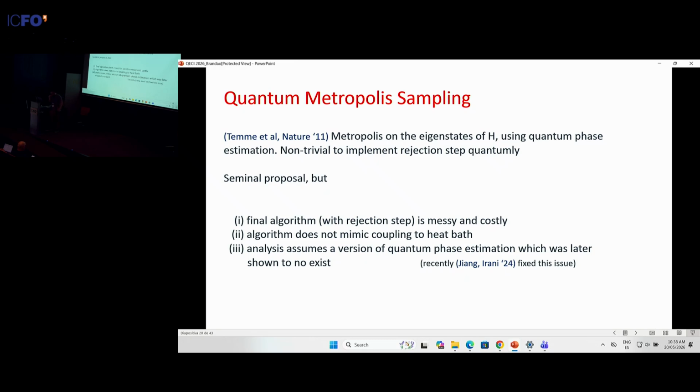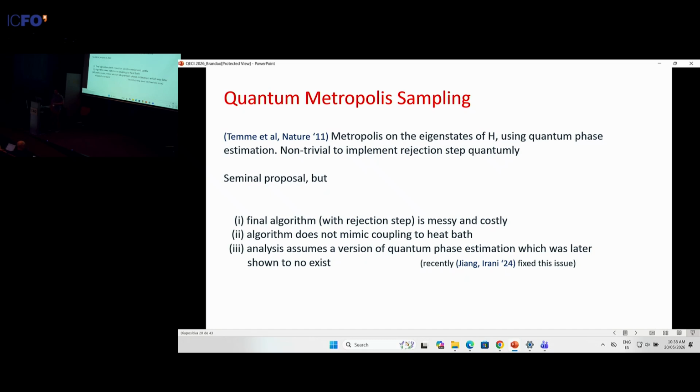It's a very non-trivial result, and it also means that it's a very complicated algorithm because you have to implement this rejection step quantumly. For that, they use a trick due to Marriott and Watrous, where if you make a two-outcome measurement, you can have this kind of unwinding procedure. But it was kind of messy.